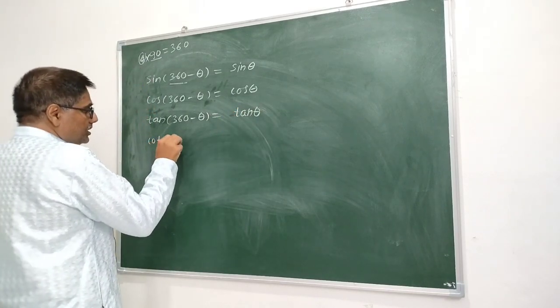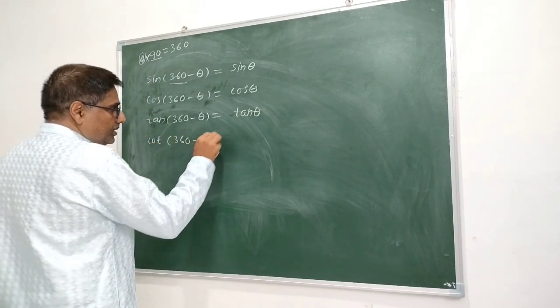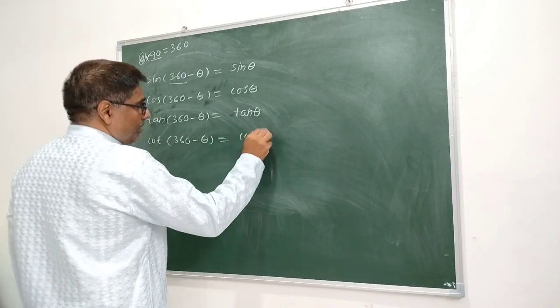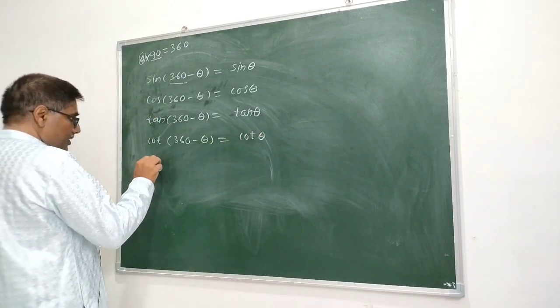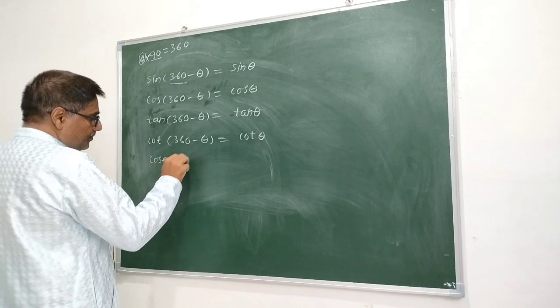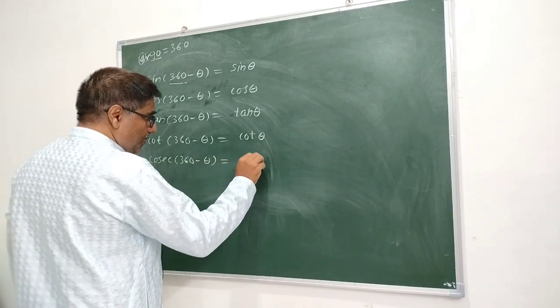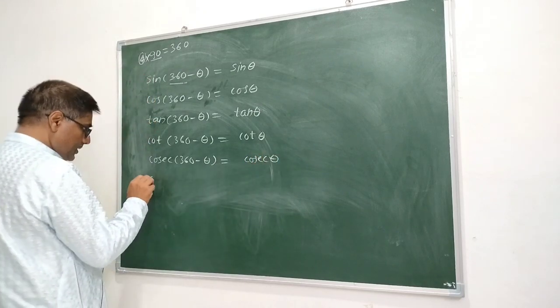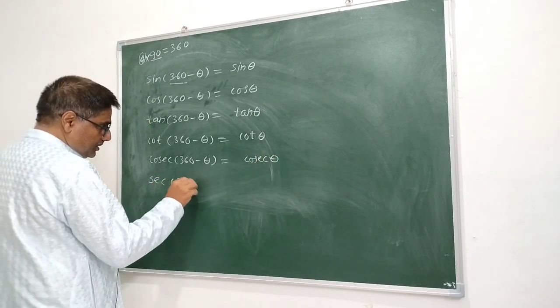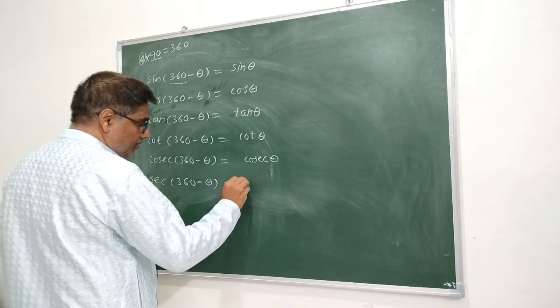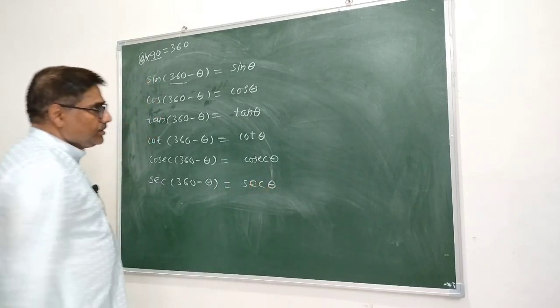Cot of 360 minus theta is equal to cot theta. Then cosec of 360 minus theta is equal to cosec theta, and sec of 360 minus theta is equal to sec theta.